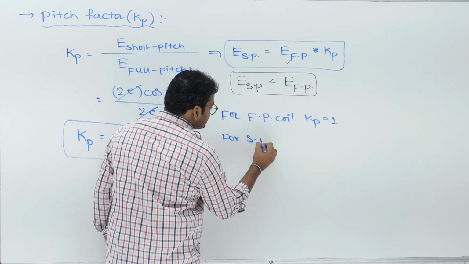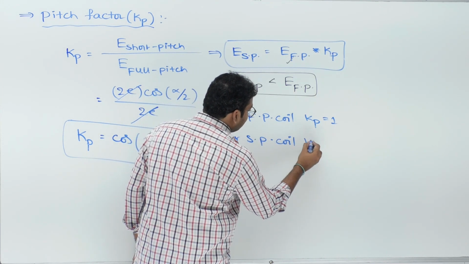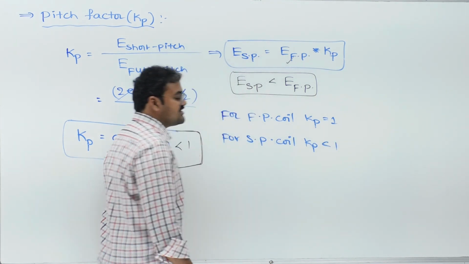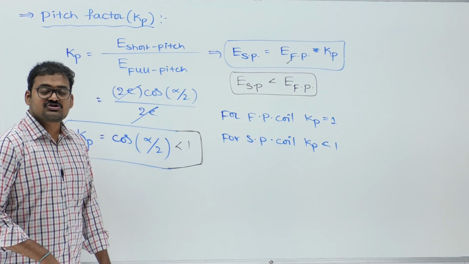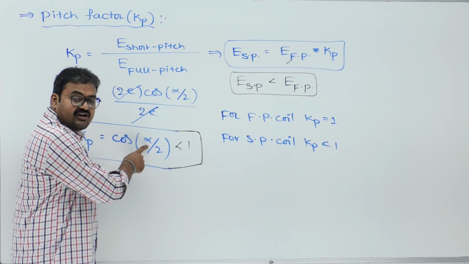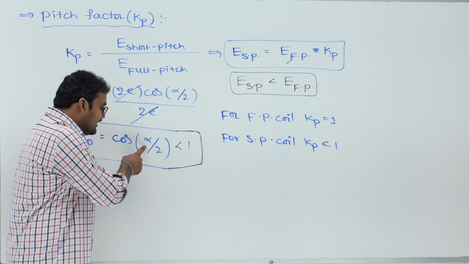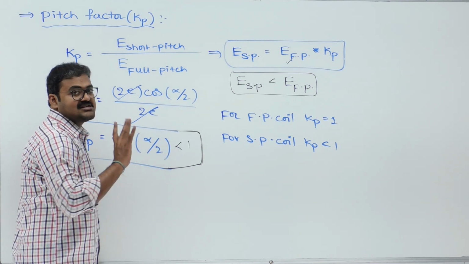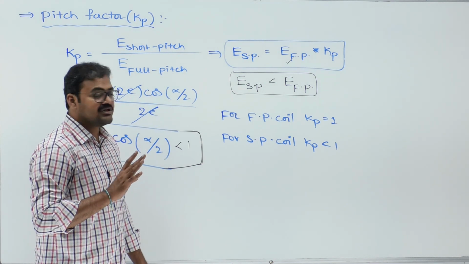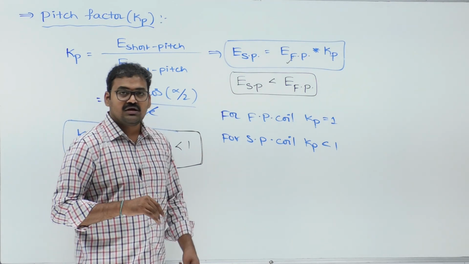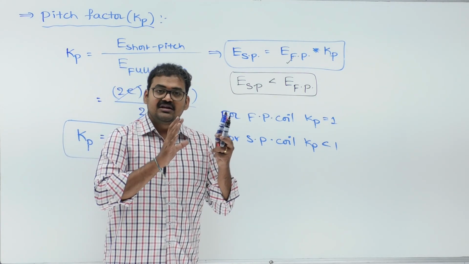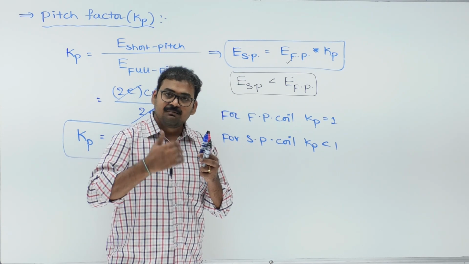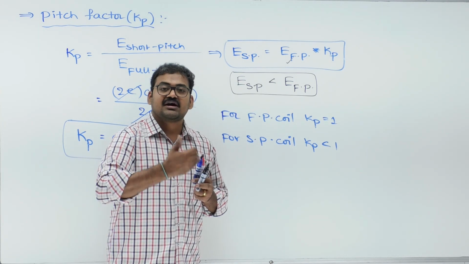And for a short pitch coil, pitch factor is always less than 1, because for a short pitch coil, alpha is a finite value, and cos of any angle except 0 degrees is always less than 1. So always calculate the full pitch coil voltage first, and multiply with pitch factor to get the corresponding short pitch coil voltage.